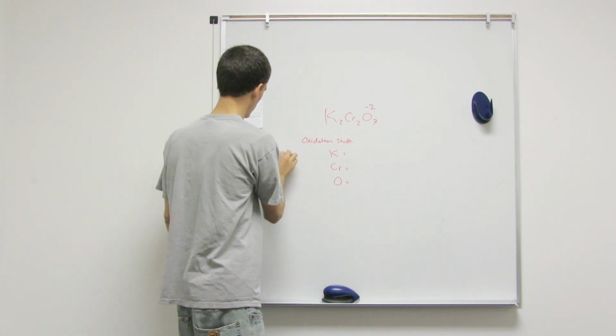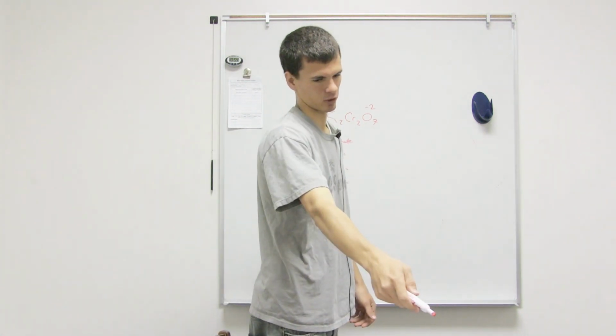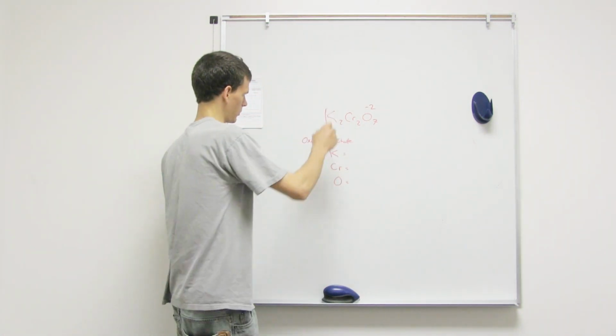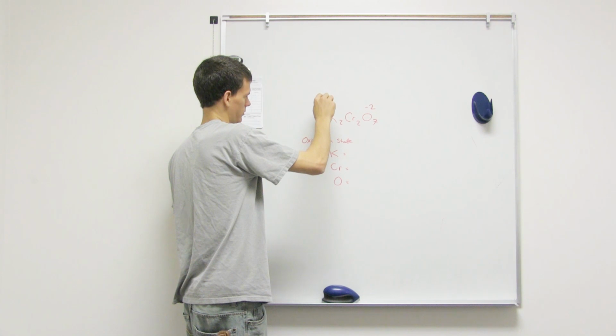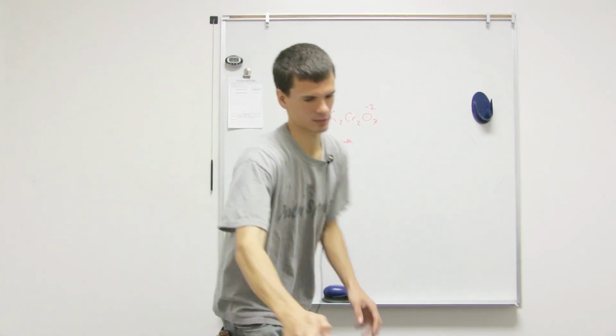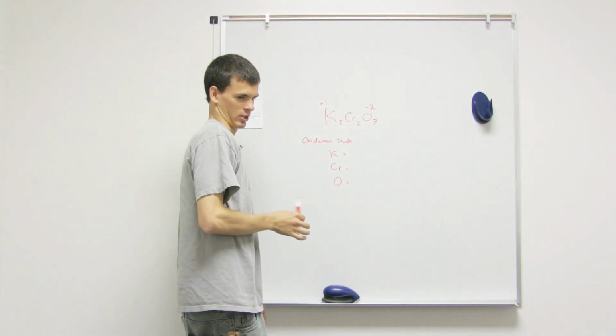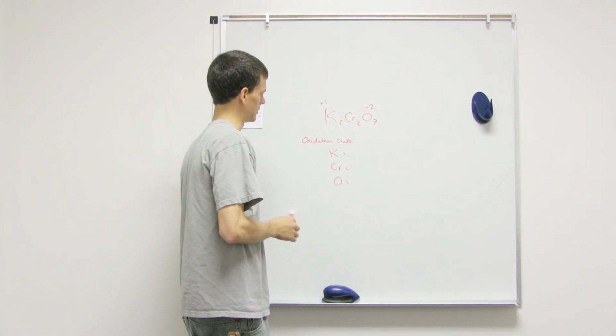Potassium follows the periodic table. Potassium's in the first column, so it's usually always a +1. The transition metals can vary, they can have different oxidation states, so we always do them last.